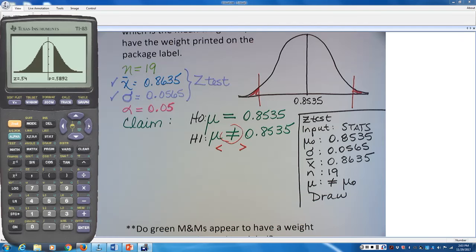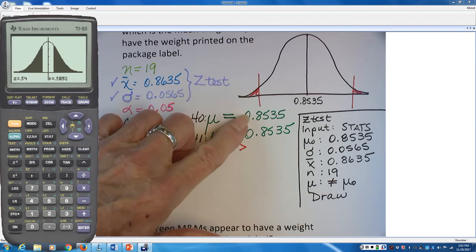That black is evidence in favor of H0 because that black represents a large p-value. So when you see a lot of black, H0's probably true. And in this case, if you look at the numbers, that's going to bear that out.